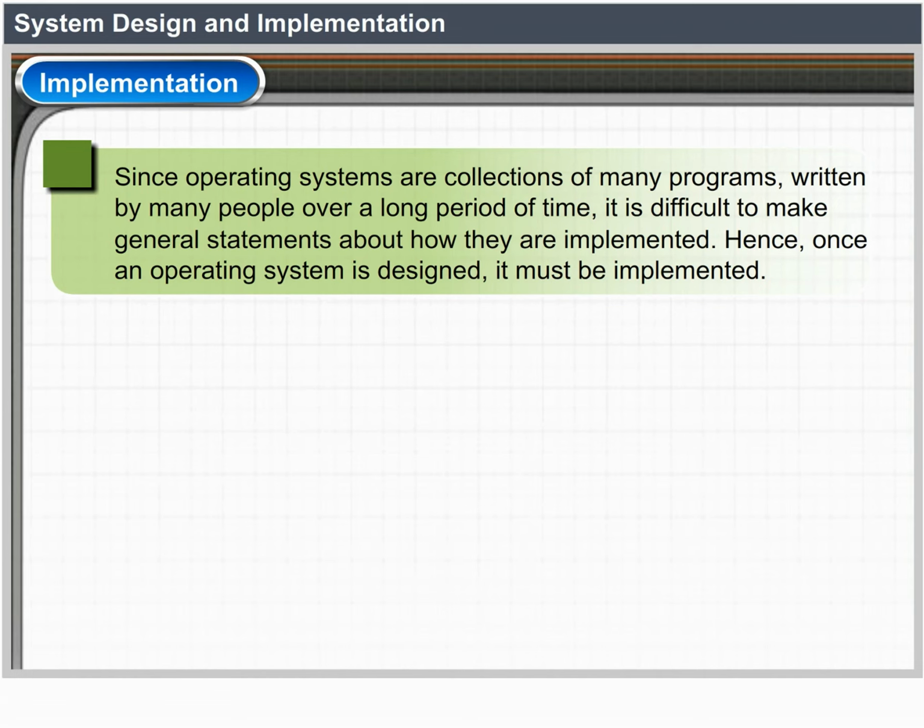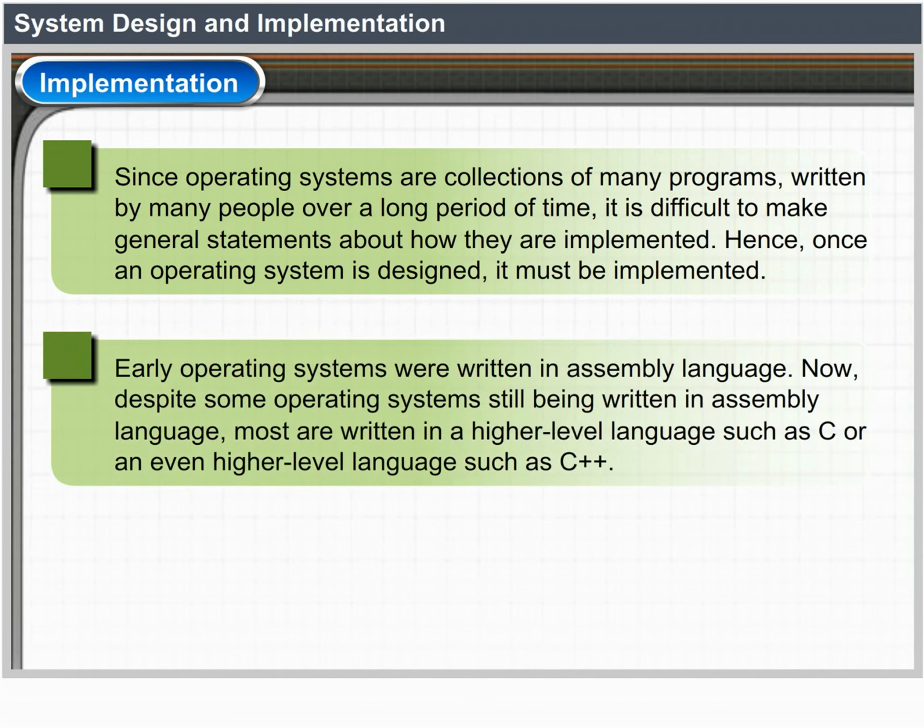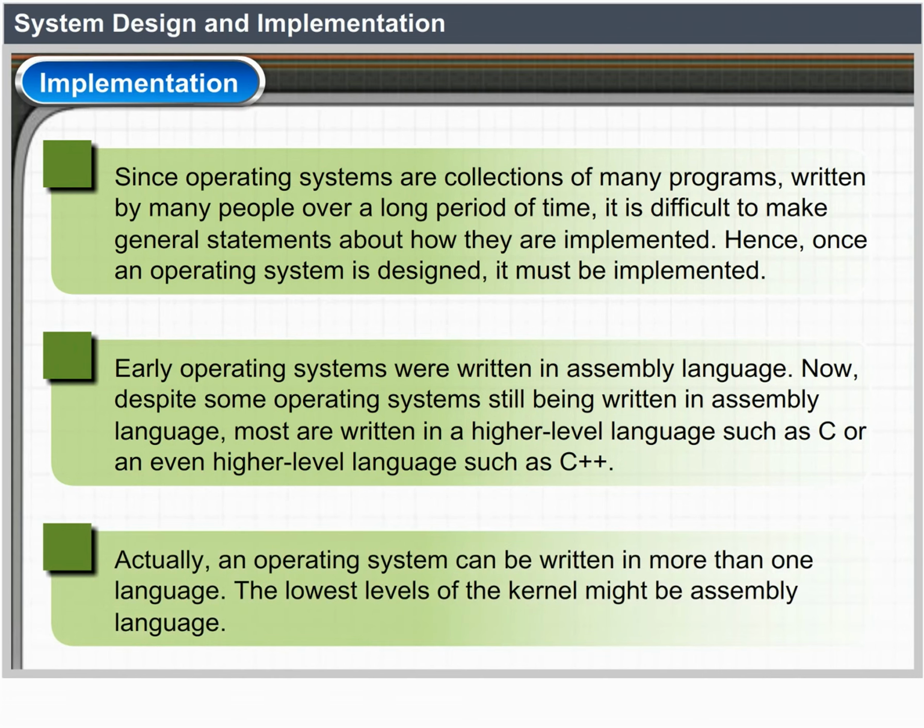Early operating systems were written in assembly language. Now, although some operating systems are still written in assembly language, most are written in a higher level language such as C or an even higher level language such as C++. Actually, an operating system can be written in more than one language. The lowest levels of the kernel might be assembly language.